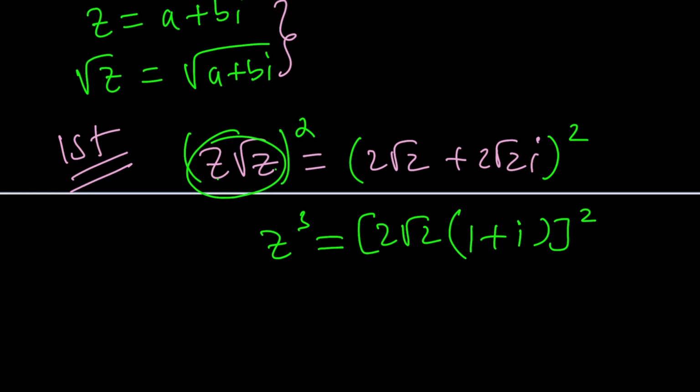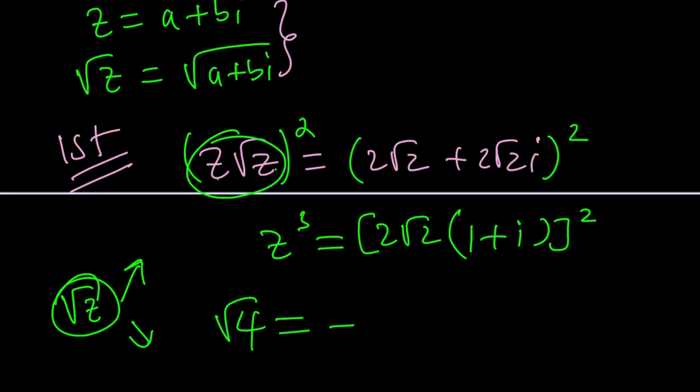Get the idea? Okay. In a complex world, you have to be careful though, because when I write square root of z, a complex number has two square roots. But when you use the square root sign, just like a real number, for example, when I say square root of 4, nobody's going to understand, oh, it could be plus minus 2. No, there's a definite answer, unique, well-defined as 2.